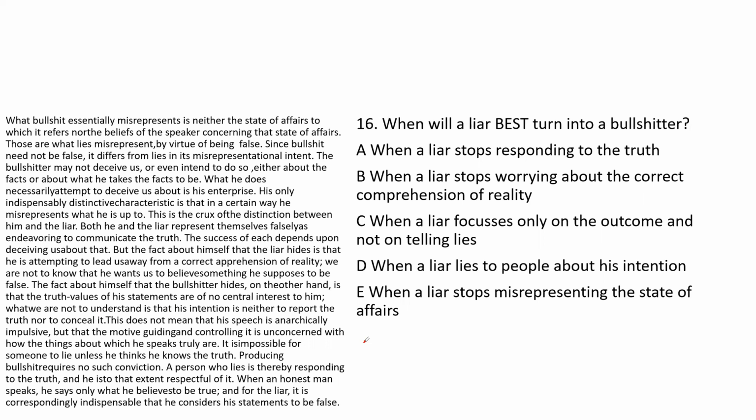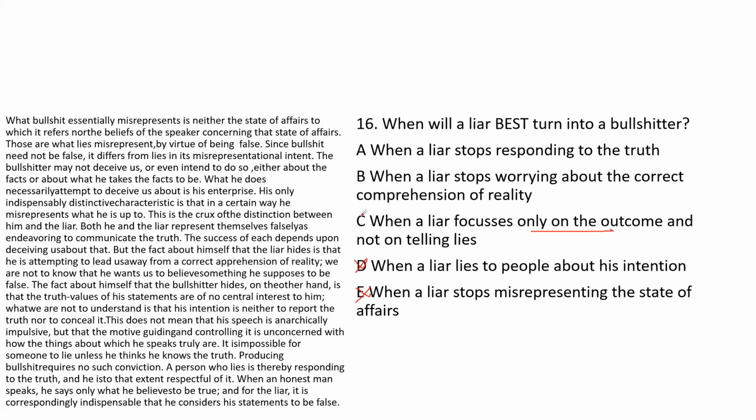Okay. So now we have to understand how to approach the options. Let's look at option E. When a liar stops misrepresenting the state of affairs outside. When a liar lies to people about his intention, he's already a liar, that is why he's lying. Option C, when a liar focuses only on the outcome and not on lies.